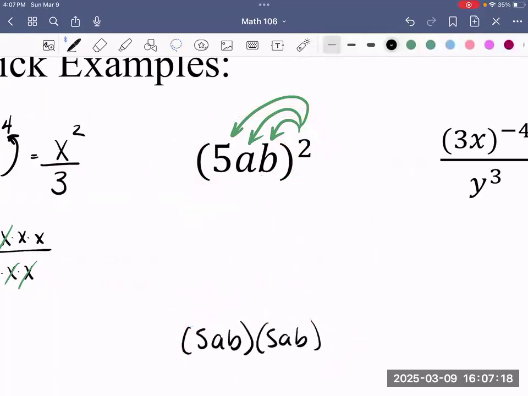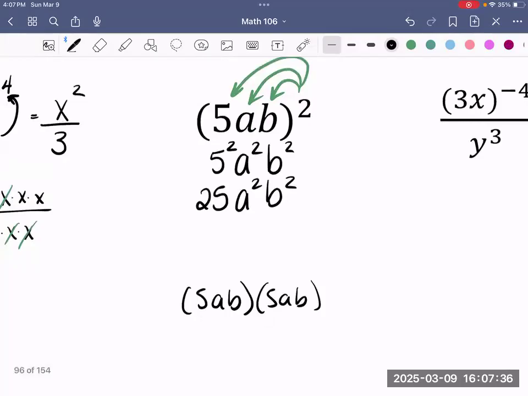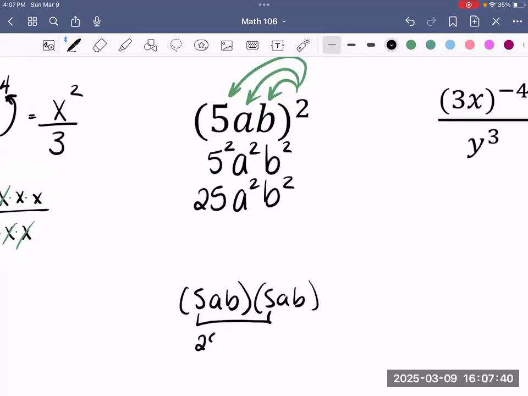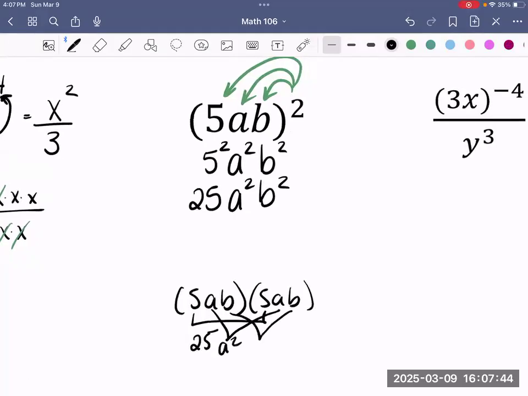But either way, the shortcut to this, instead of writing them all out, is to evenly distribute your exponent throughout your term. So we have really 5 squared, a squared, and b squared. 5 squared turns into 25. Then we have a squared and b squared. Again, the shortcut version of that is to multiply 5 times 5 makes 25. A times a makes a squared, and b times b makes b squared.